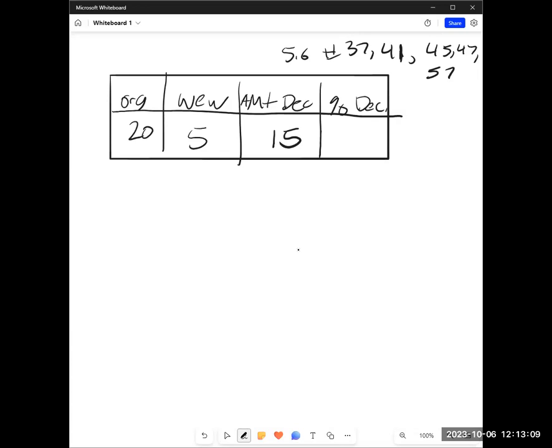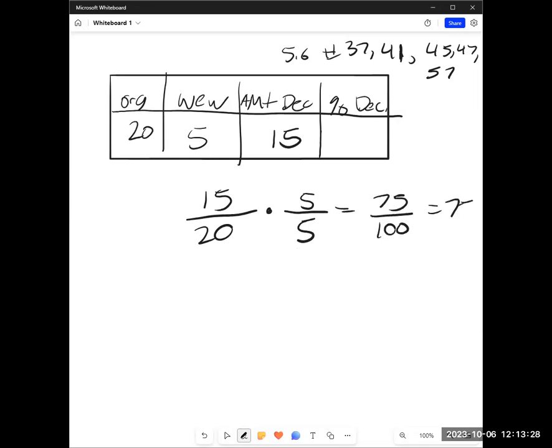And the percent decrease is going to be the amount of decrease divided by the original. Now, I can multiply 20 by 5 to get to 100. That's going to give me 75 over 100, which is 75%.